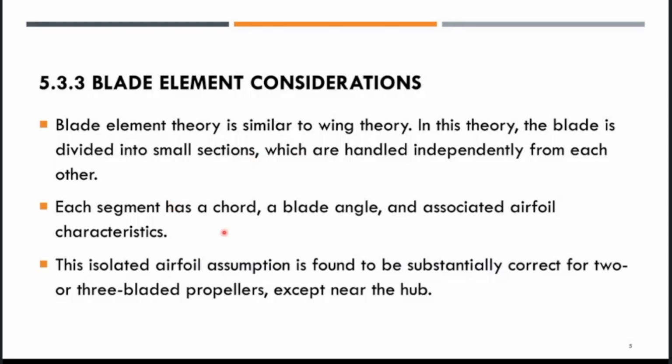Each segment has a chord, a blade angle, and associated airfoil characteristics. This isolated airfoil assumption is found to be substantially correct for any 2 or 3 bladed propellers, except near the hub section.